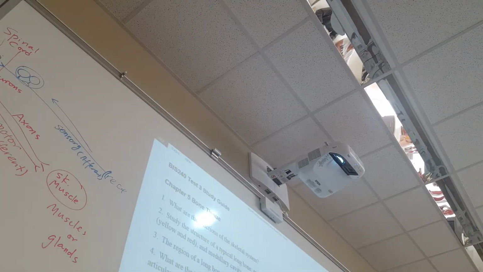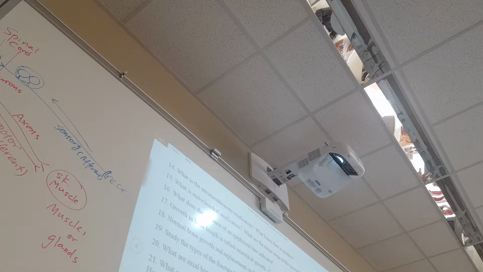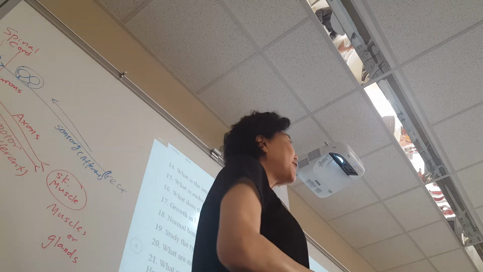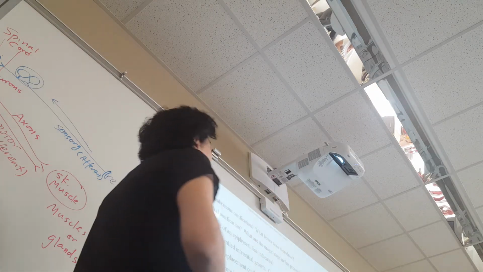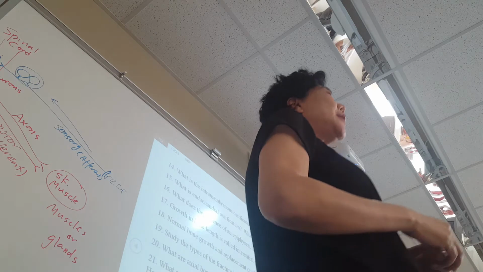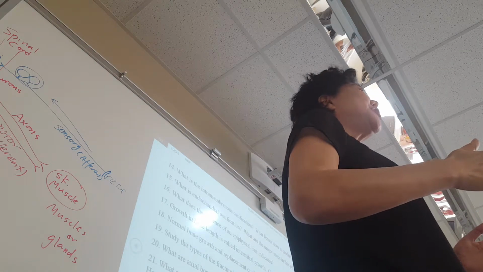Okay, and now we go to the next. For questions 14 and 15, I have about 3 questions here. For the definitions, you need to know intramembranous ossification and endochondral ossification.